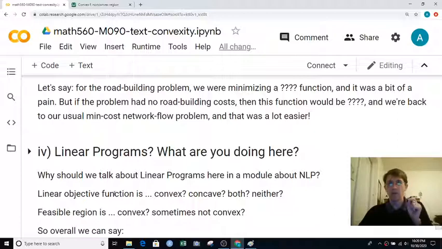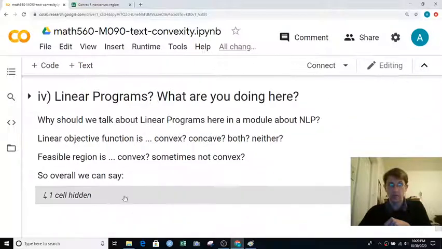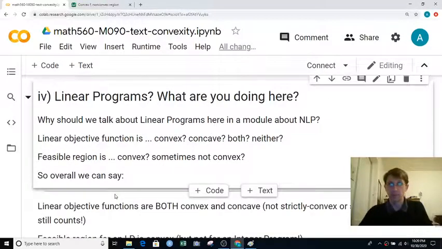So we are minimizing a convex function on a convex feasible region, so we can't get trapped in a local minimum, and we are minimizing a concave function on a convex feasible region, so the optimal solution will be at the corner points. So overall, this is the best of both worlds, right?